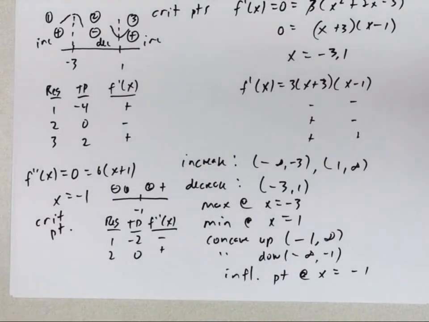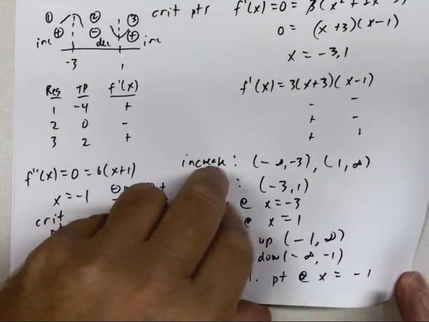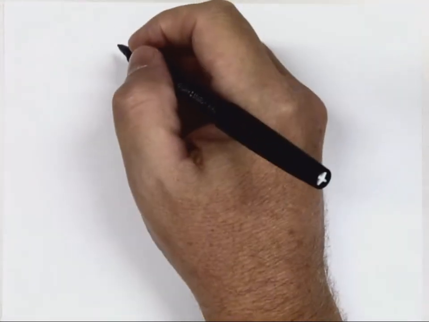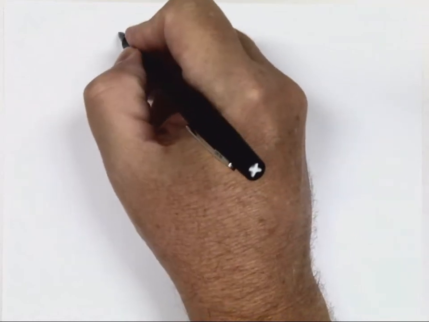Now, based upon all this information, can I sketch the graph? Here's the place that a lot of times, with the information we've gotten, we want to get the actual points. Here's the key. Here's the original equation.